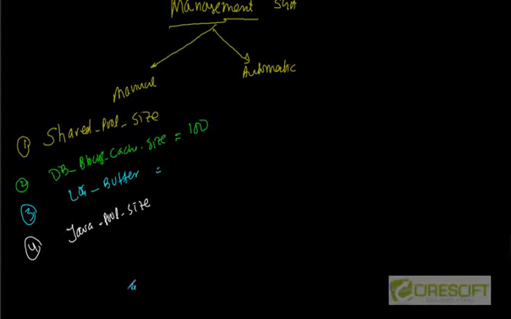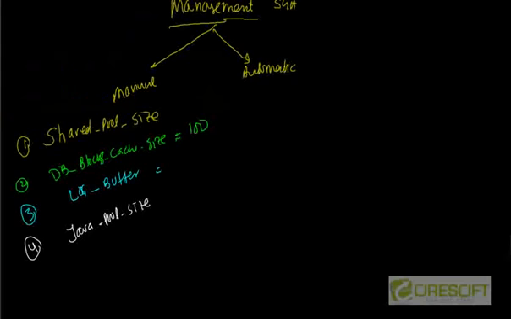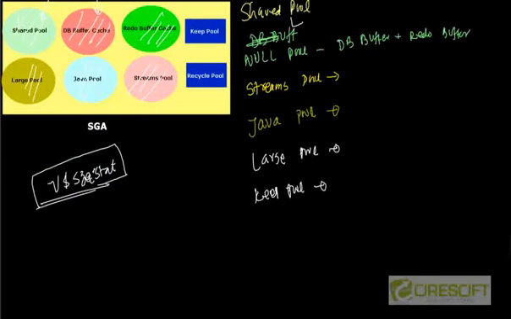So essentially what I'm saying is that there is a way that you can size all these individual pools. Also another way that we learned is that you can automatically set one value, and that value is sga_target. If you set sga_target, then Oracle automatically calculates, based on your workload, how much is the shared pool, how much the large pool, Java pool, and so on.